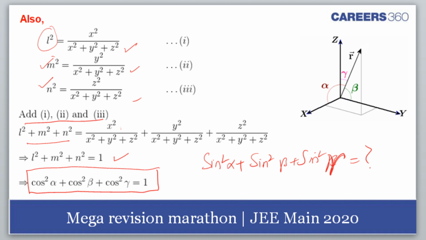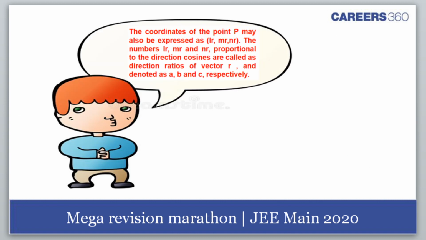You'll convert them into 1 minus cos square alpha, 1 minus cos square beta, 1 minus cos square gamma. So it would be 3 minus 1, that is 2. No, Tarun, it's not 1, it's 2. Yes, Siddharth, you're right.